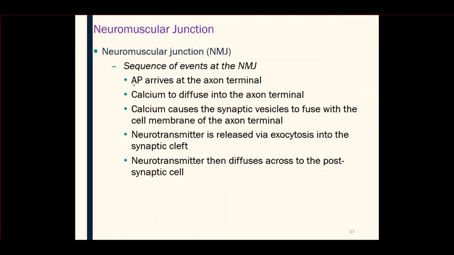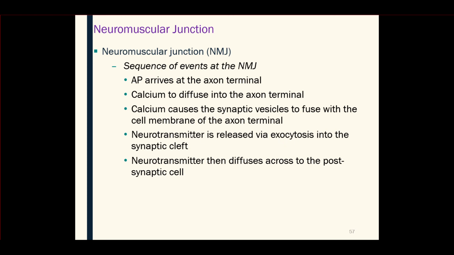The first thing that happens is the AP, the action potential, arrives at the axon terminal. That's the end of the axon. The next thing I want you to know is that calcium is going to diffuse into the axon terminal. That's important because that calcium then causes the synaptic vesicles to fuse with the cell membrane of the axon and dump out the neurotransmitter by this process known as exocytosis.